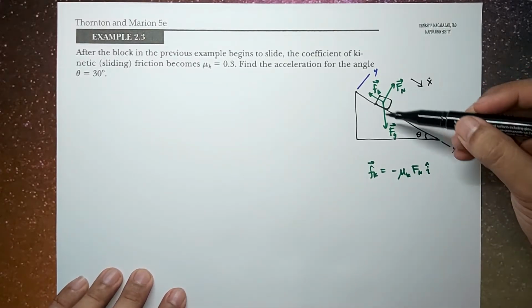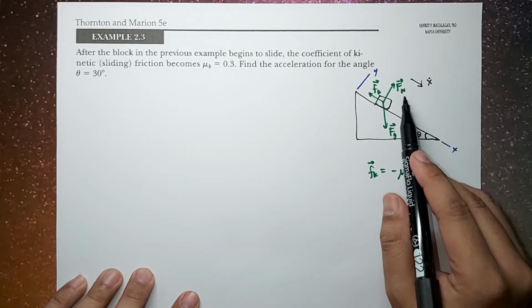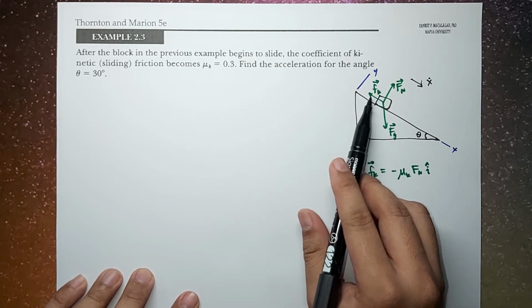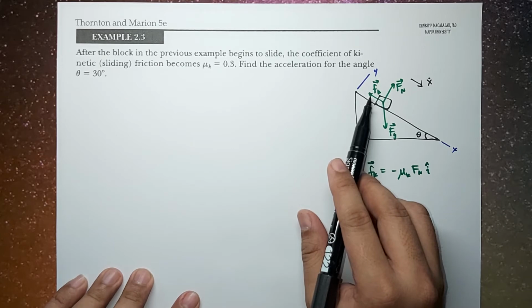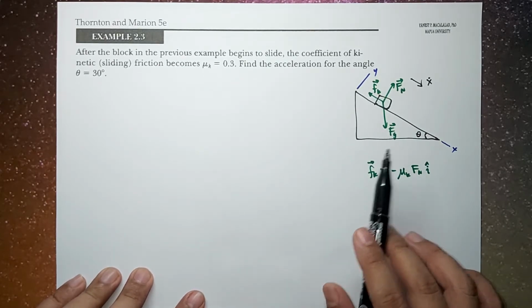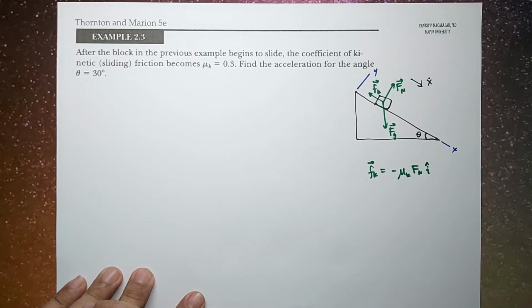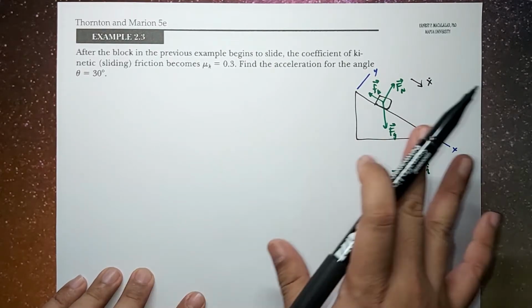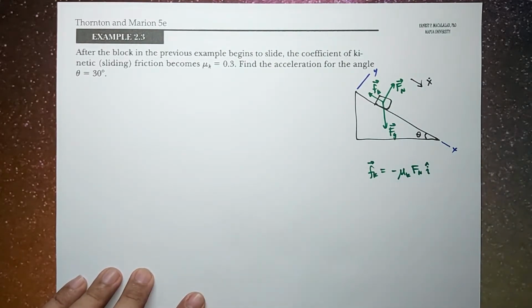Again, there are three forces acting on the object. You have the normal force, the kinetic frictional force, and your gravitational force. You can see that the system is relatively the same in terms of mathematical expressions as in example 2.2.